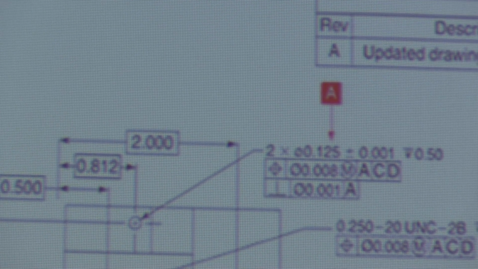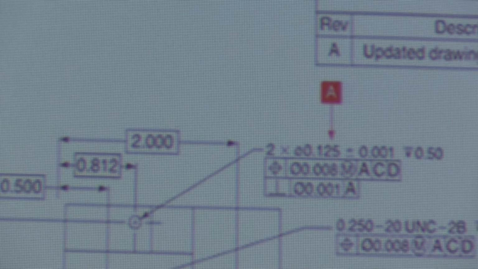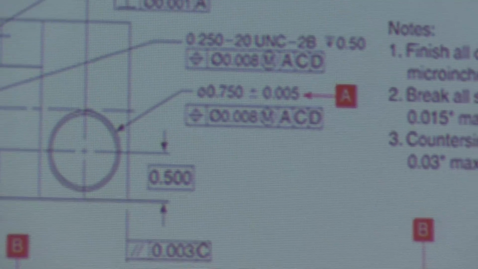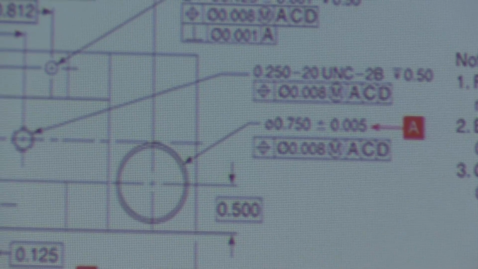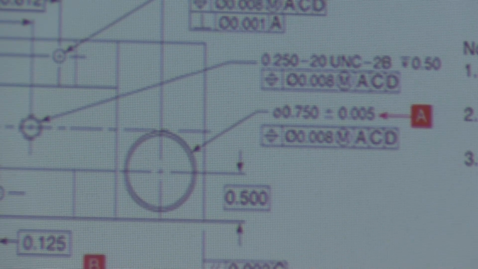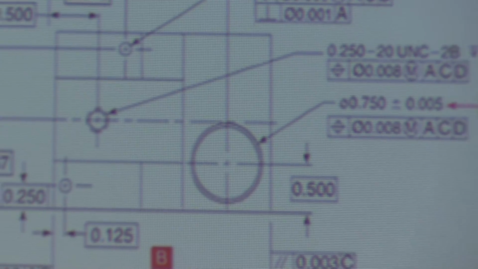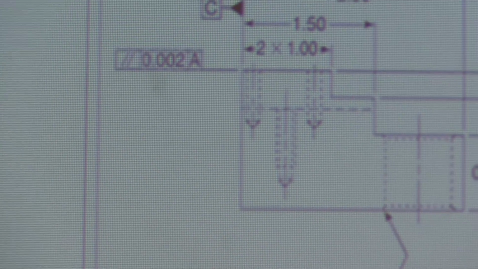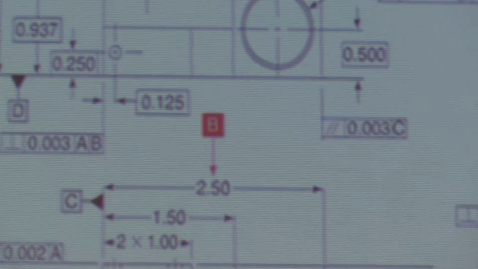It's 0.125 plus or minus, so that's a bilateral tolerance. You can be on both sections. B is showing you 5 thousandths, a plus and minus, so again that is a bilateral tolerance. Now B shows sizes with unspecified tolerances.